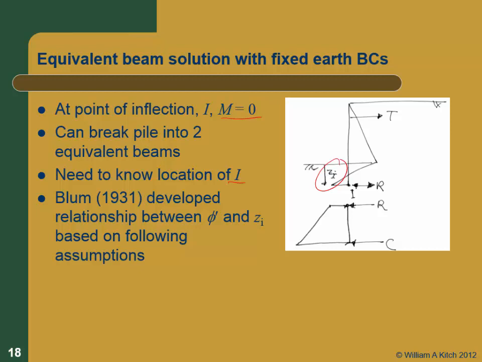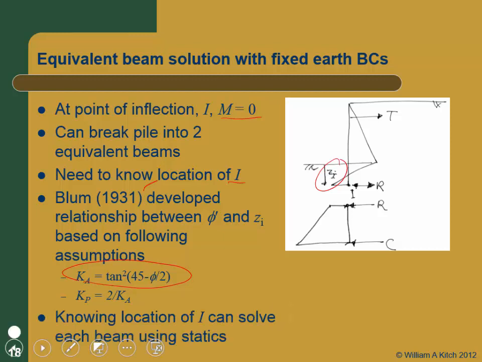Bloom developed an empirical relationship, well, he developed a theoretical location for where the inflection point was, based on the assumptions that we were using Rankine active earth pressure, and that the passive earth pressure was not 1 over Ka, but 2 over Ka, so it's less than you would do. So from Bloom's assumptions, we know where I is, and then once we know where I is, we can solve for each beam through statics.